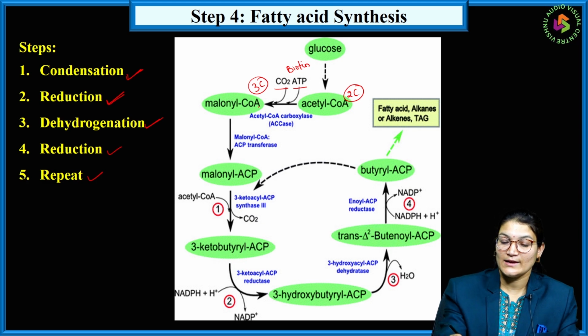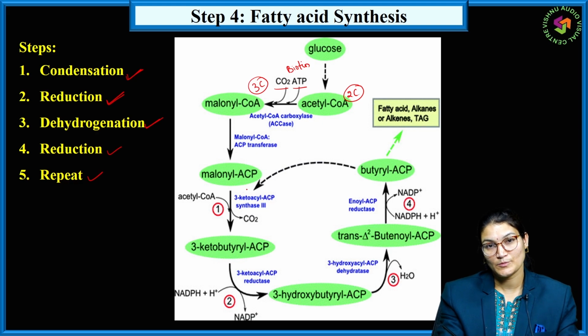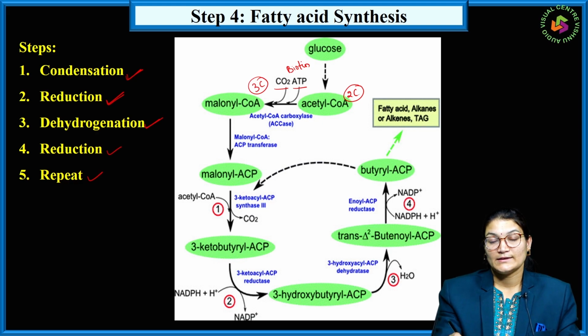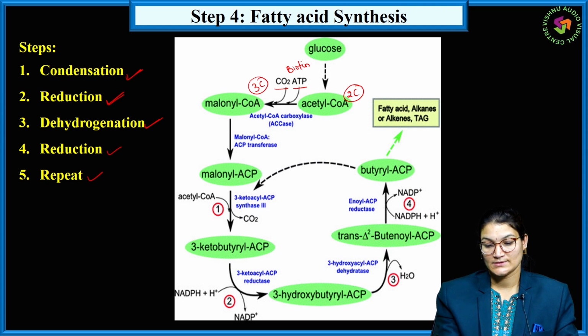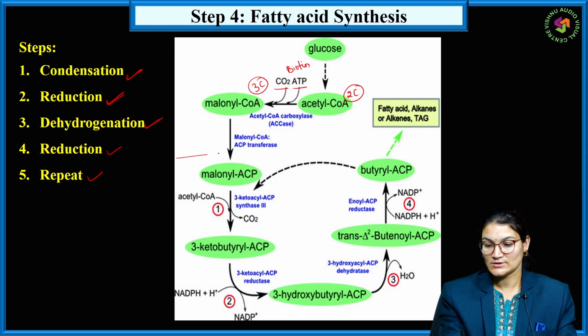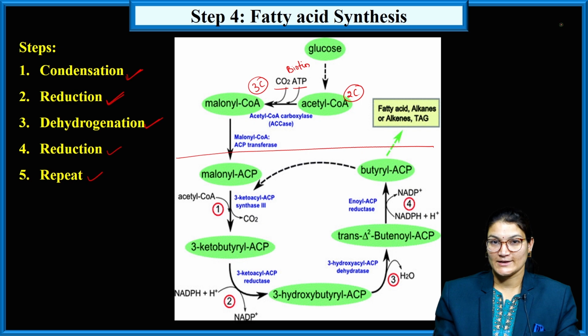Next, this malonyl coenzyme A gets converted into malonyl ACP. ACP is acyl carrier protein. So it gets converted into malonyl ACP in the presence of malonyl CoA ACP transferase. Next, the first step of the fatty acid synthesis process is condensation.